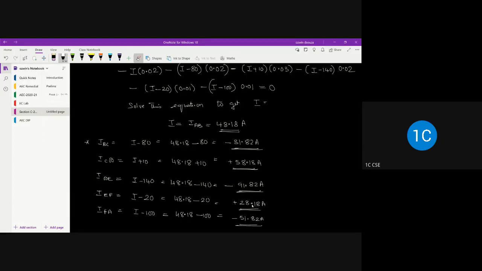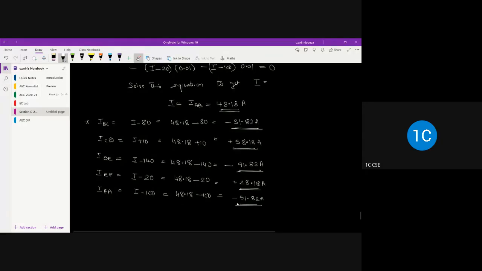When we take the sign convention properly, you will end up getting the same magnitude. Direction may change, but whenever you take the algebraic sum, there can be changes in the sign, not in the magnitude.